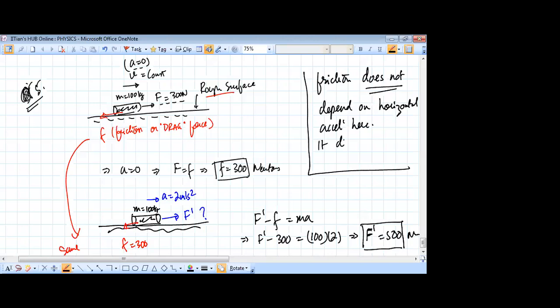It depends only on the weight of the body, okay, and the surface. Like the same body on a metallic surface will have different friction compared to the same body placed on a wooden surface or on a marble surface or a glass surface. They will all have different friction. So the material of the surface is what matters and the weight of the object is what matters. Okay. What material the surface is.